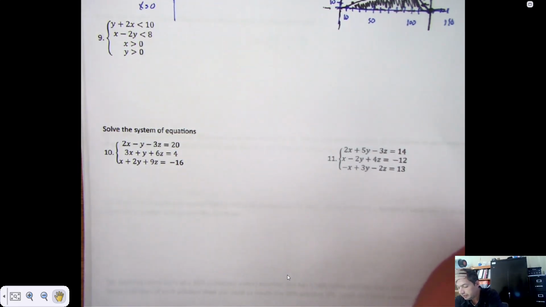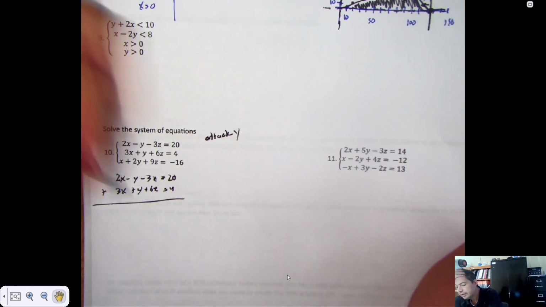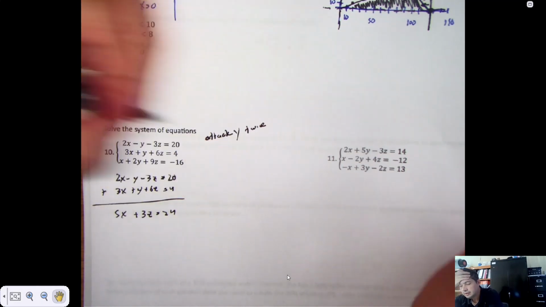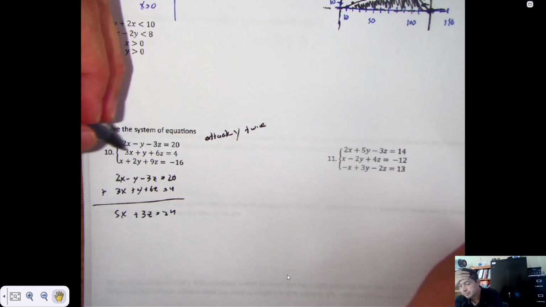And which variable do I want to go after? I'm going to attack y, because I noticed that right there. So I'm going to take the first and second equations and add them together, because when I do that, the y's disappear. Now I need to attack it again. I got to attack it twice. Now I'm going to take this equation and multiply it by a negative 2.